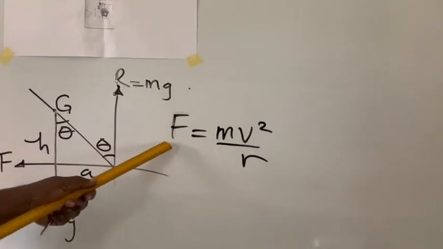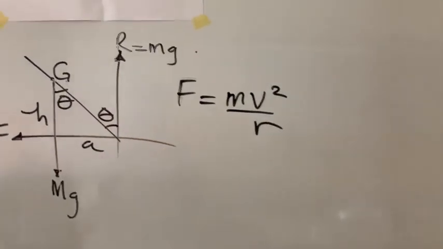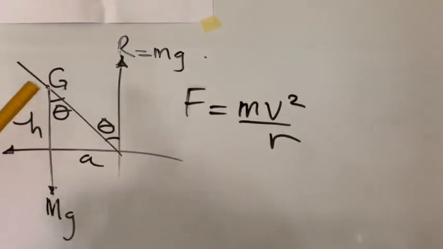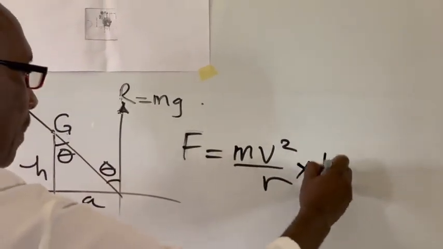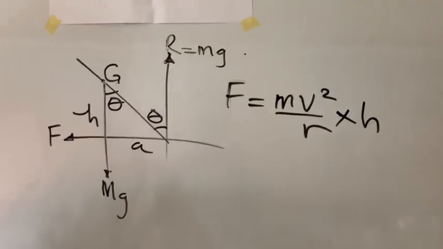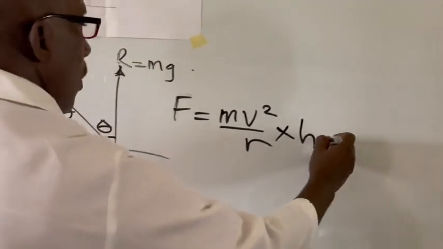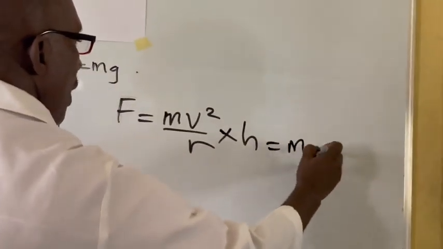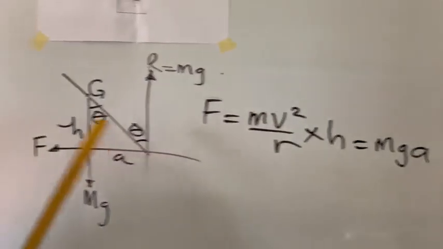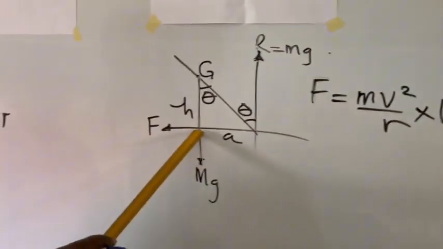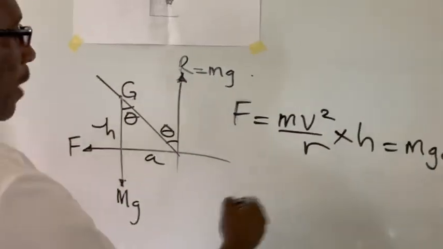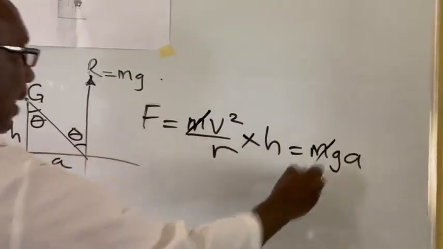Now this is the force, the centripetal force, multiplied by his height h. That will give us mga, which is equal to mga. Now this is mg times a. If we multiply this, we can cancel out the m.